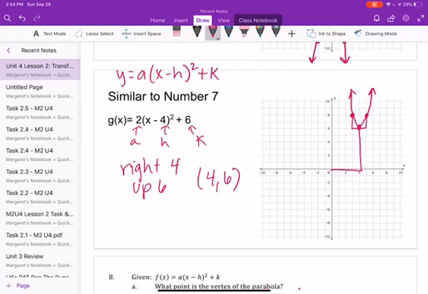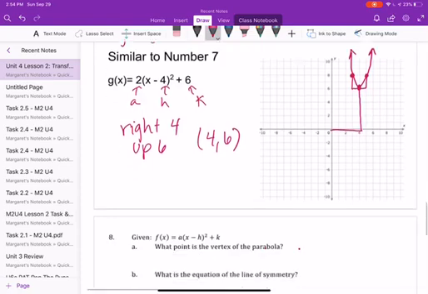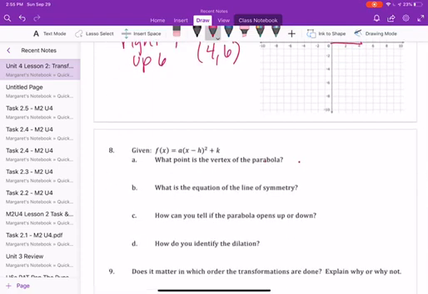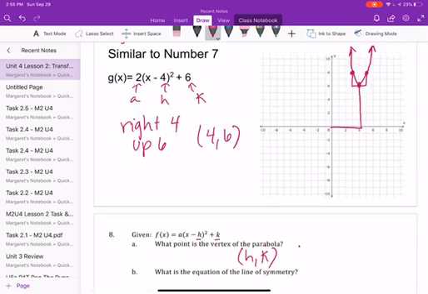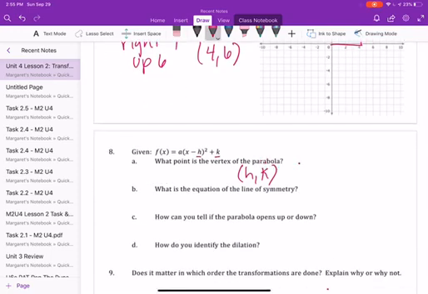So as we saw here, our vertex comes from our h and our k. So the vertex is h, k, just as you saw up there, the 4 and the 6, h, k. The h being the opposite of the sign inside the parenthesis.